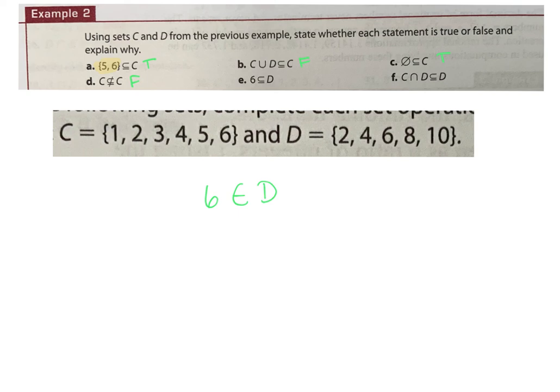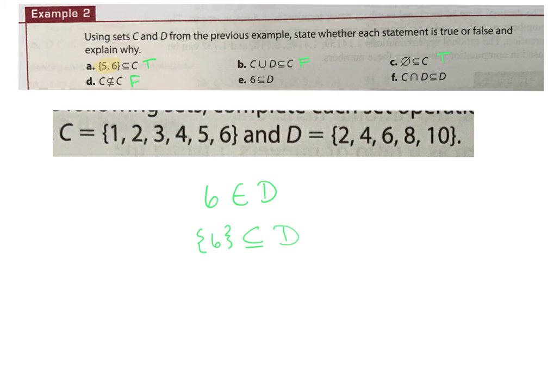Right. But in order for it to be a subset, it has to be a set. In order for it to be a set, it has to have set notation. This means element of. So yeah, 6, just an element listed, is an element of, right? But in order for it to be asking about subsets, it would have to be a set to begin with.